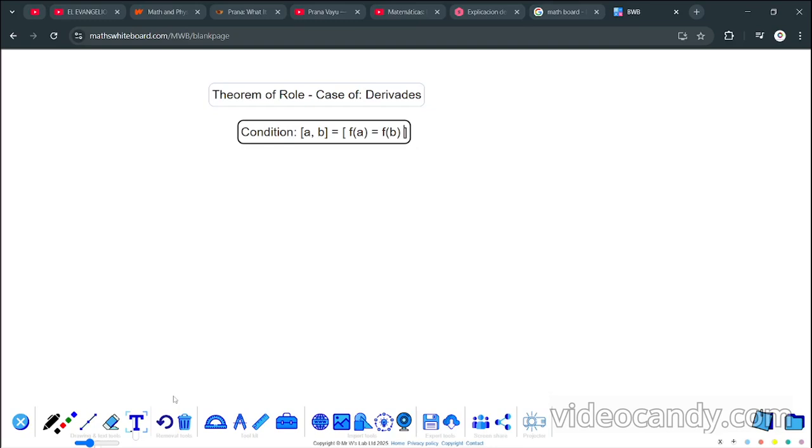Now, how to solve that? We have to know that if we have a Cartesian quadrant, let's write it. Let's make a Cartesian quadrant here really fast.